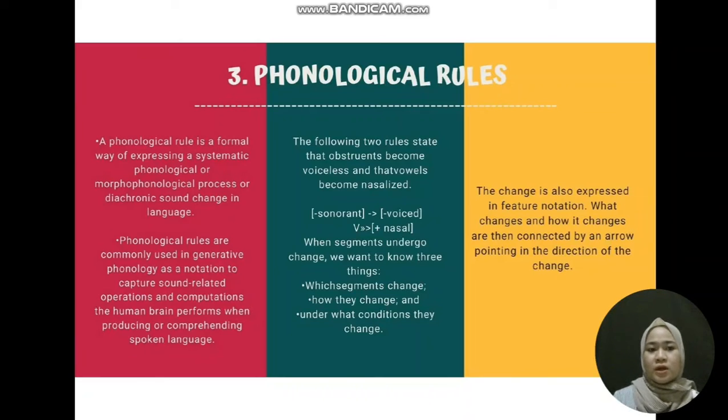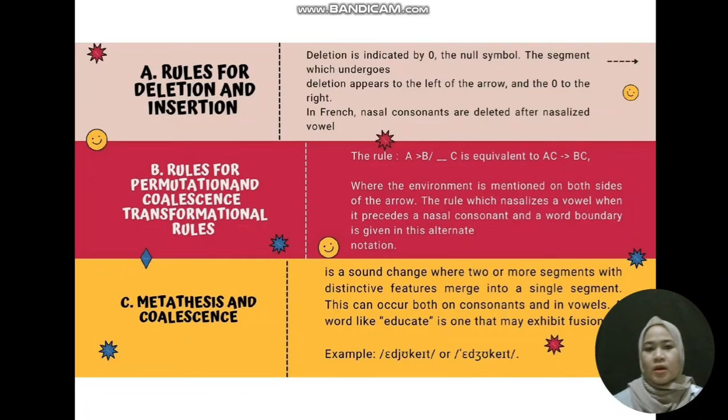Phonological rules. A phonological rule is a formal way of expressing a systematic phonological or morphological process, or the patterns of sound change in a language. The following two rules state that obstruents become voiceless and that vowels become nasalized. This is the example.